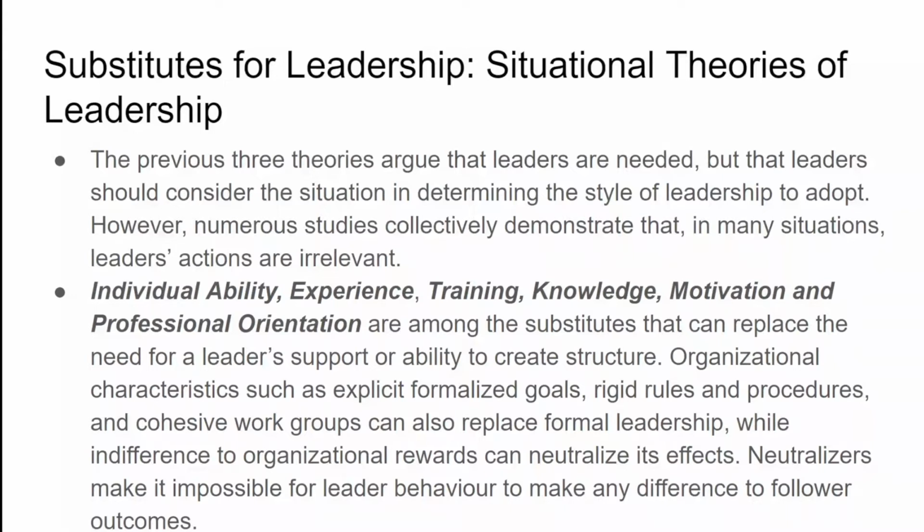So if people don't really value the rewards that the organization gives, that's certainly not going to be helpful. Neutralizers make it impossible for leadership behavior to make a difference.